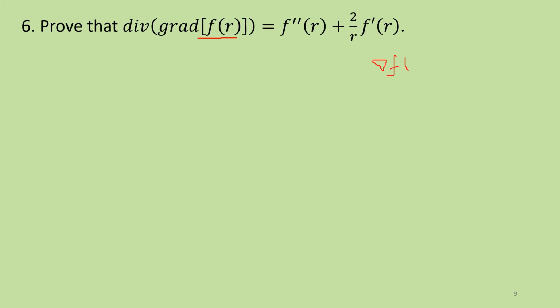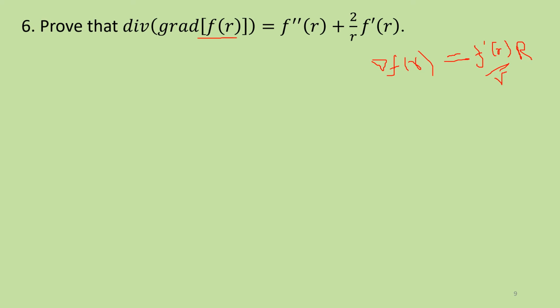That result is known to us, which is f dash of r by r into vector r. Just differentiate f of r and substitute here. So that is for gradient of f of r.